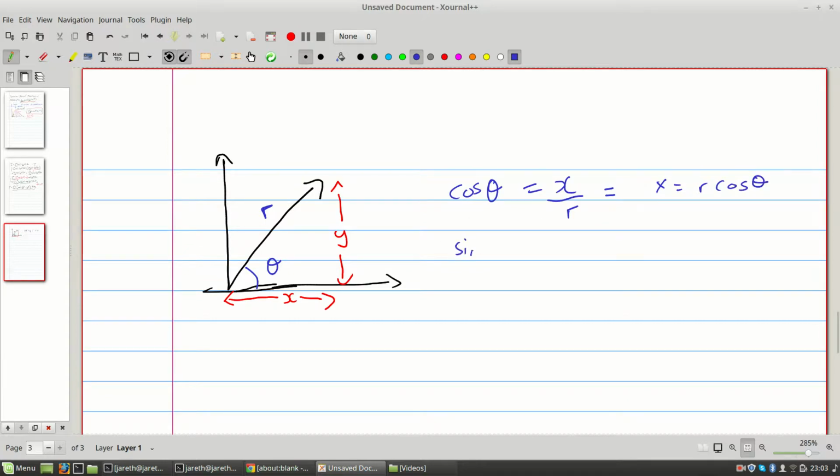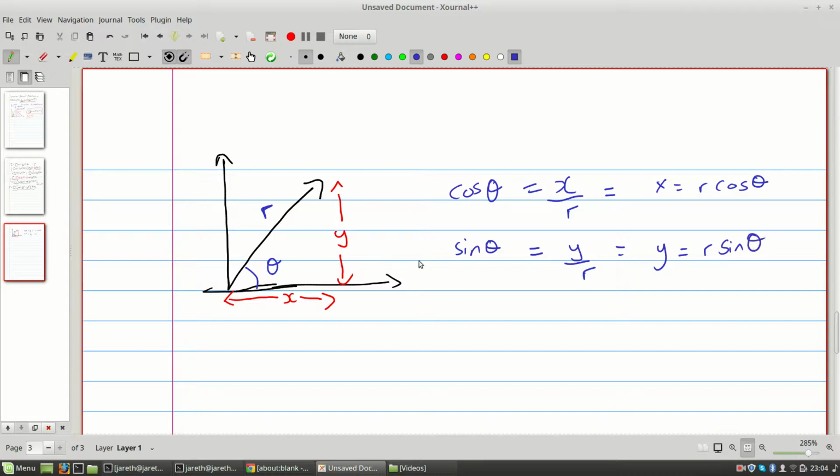And then sine theta is equal to y over r, opposite over hypotenuse, not adjacent. So this gives us y equals r sine theta.